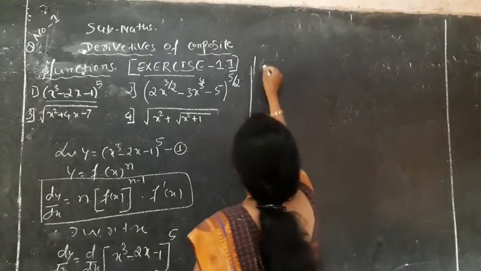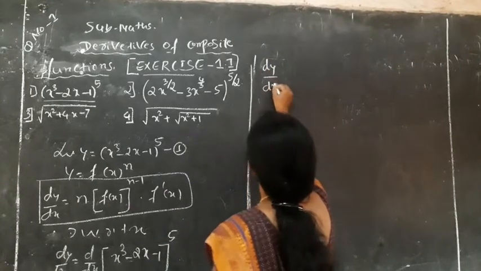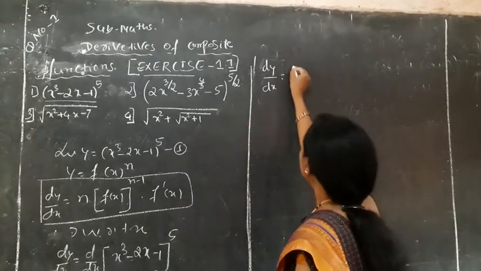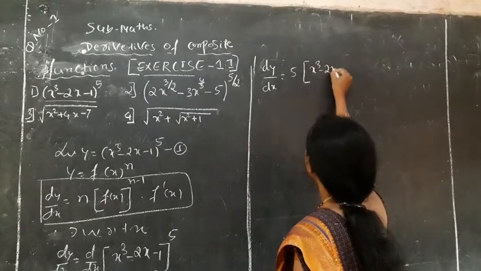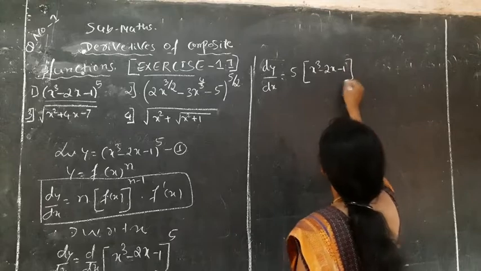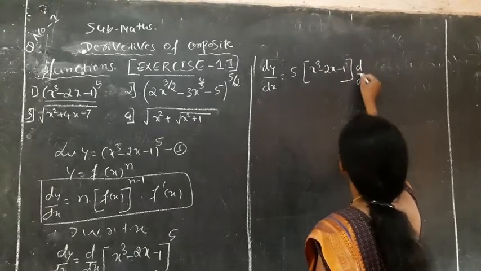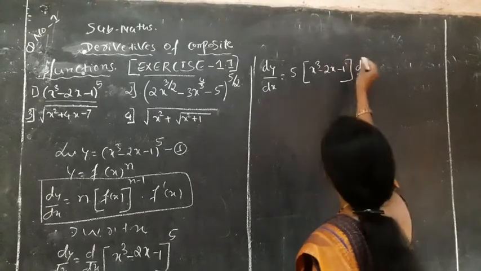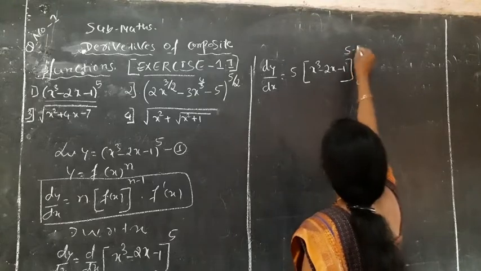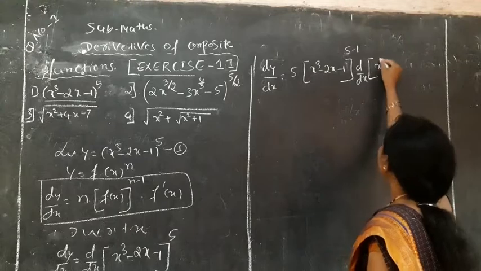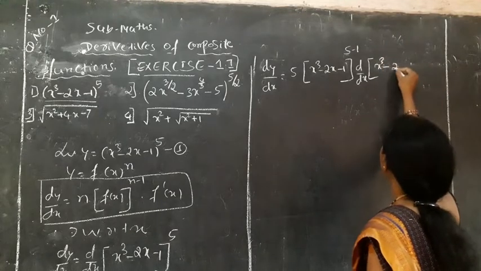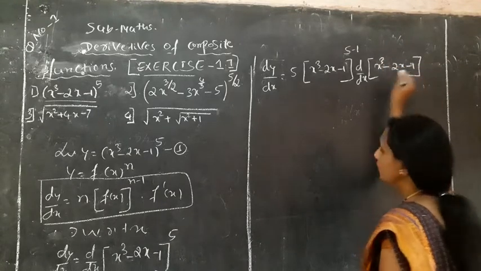So write dy upon dx equal to, n is 5, f of x is x cube minus 2x minus 1 raised to power 5 minus 1, d dx of x cube minus 2x minus 1.